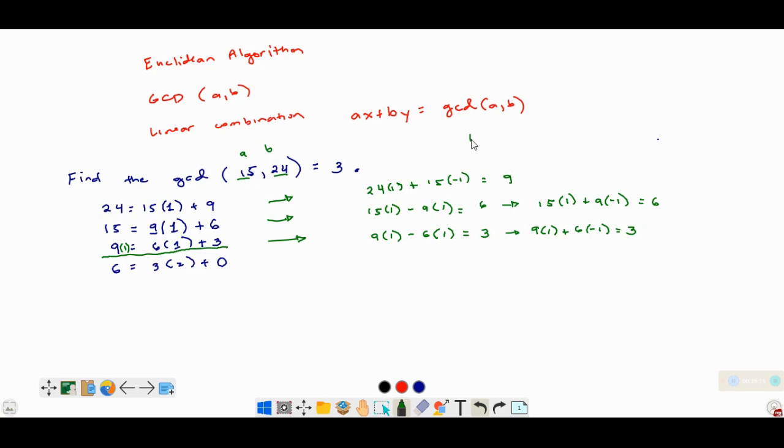Dapat ang magiging itsura niyan, 15x plus 24y is equal to 3. We are going to find the values x and y that will give us 3. Now, how can we find the values for x and y that will give us the GCD 3? Gagawin natin, we have 9 times 1, taking this line here.